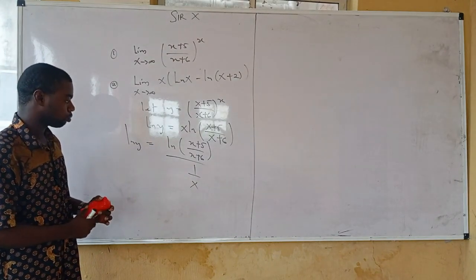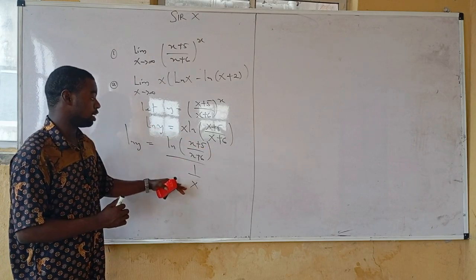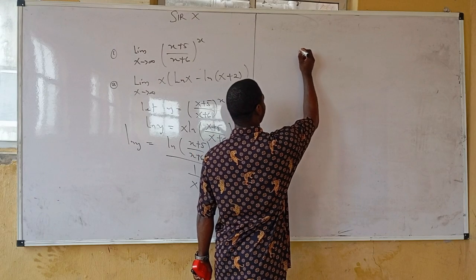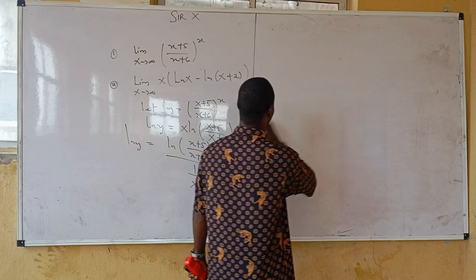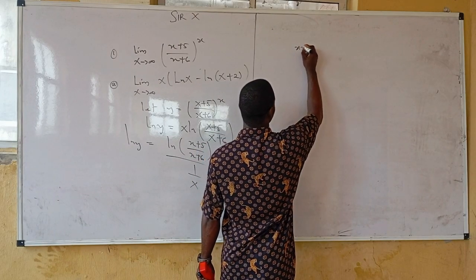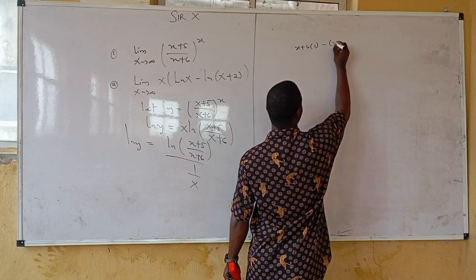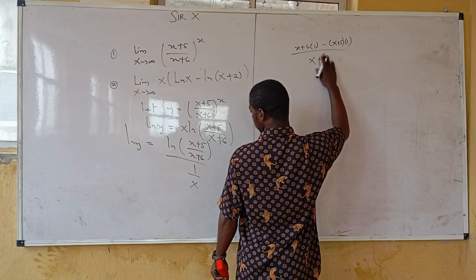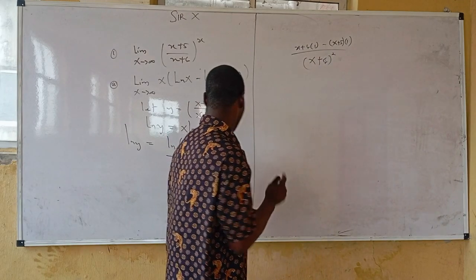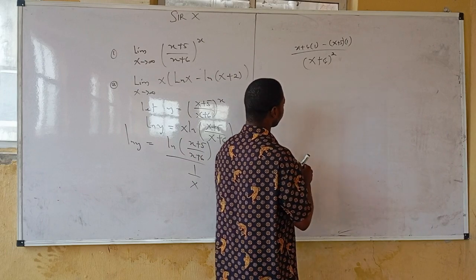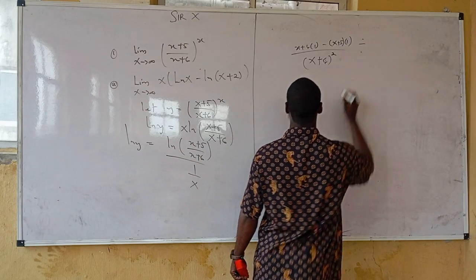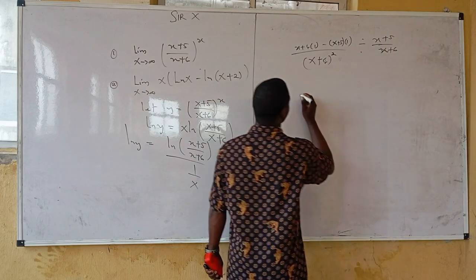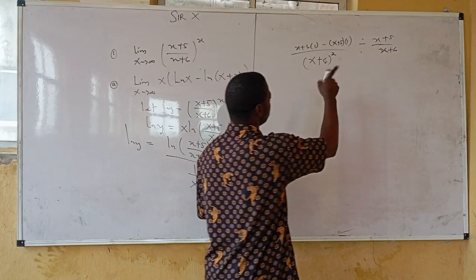Now we can differentiate both sides. Differentiating the numerator and the denominator, for ln((x+5)/(x+6)), to differentiate it, we'll get ((x+6)·1 − (x+5)·1)/(x+6)² divided by (x+5)/(x+6), which will give us x minus x is 0, 6 minus 5 is 1.